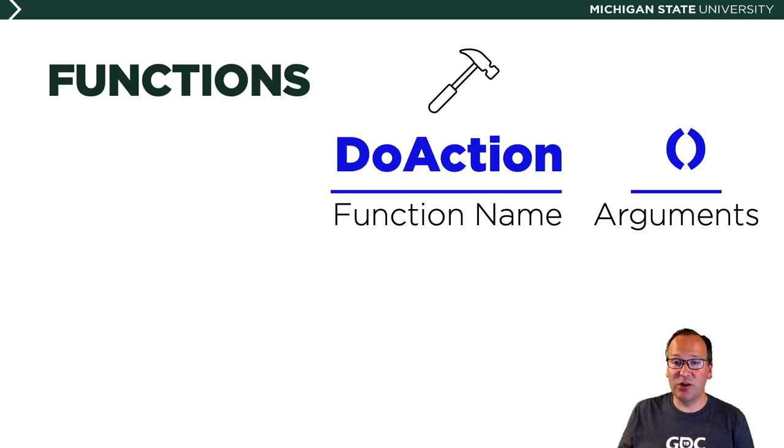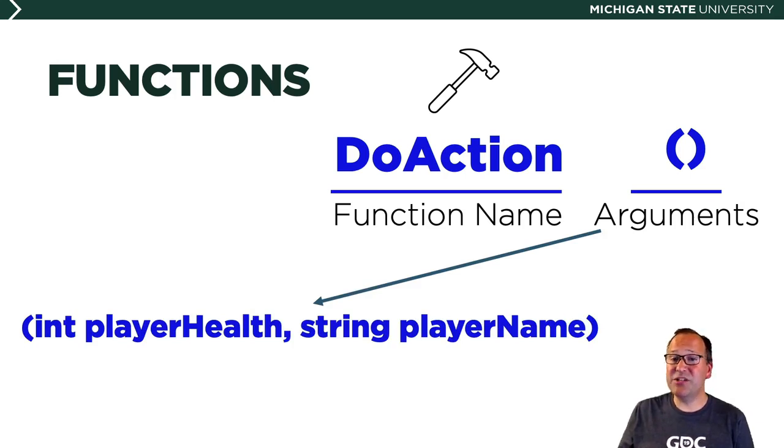But if there are arguments, you would specify them between the parens and define them much like you define variables, using a type and variable name. In fact, when you define arguments, you actually are defining local variables that exist within the function. Those variables are set based on the values passed into the function when you call the function.